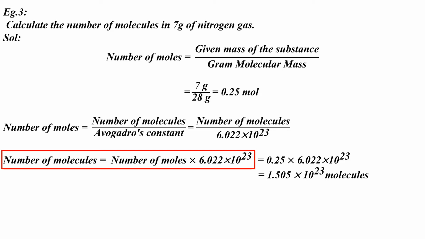It is 0.25 moles. On substituting this in the formula and multiplying it with Avogadro's constant, we get an answer of 1.505 into 10 power 23 molecules. This is how we must do such problems dealing with number of molecules calculation. In the first step, we must find out the number of moles, and in the second step, we must find out the number of molecules.